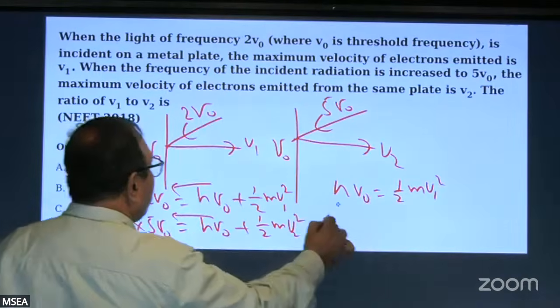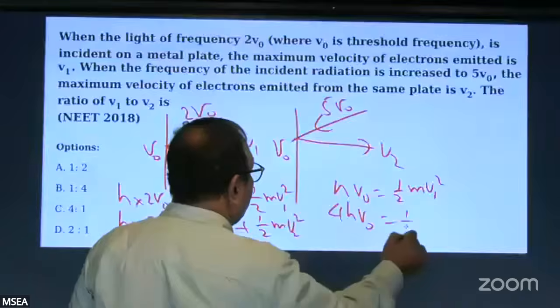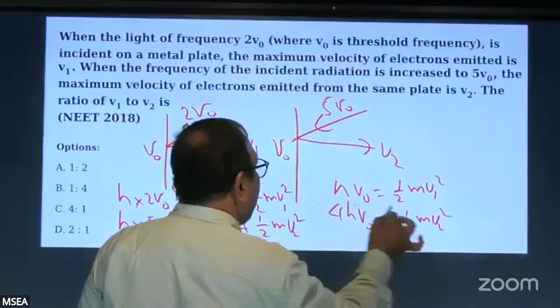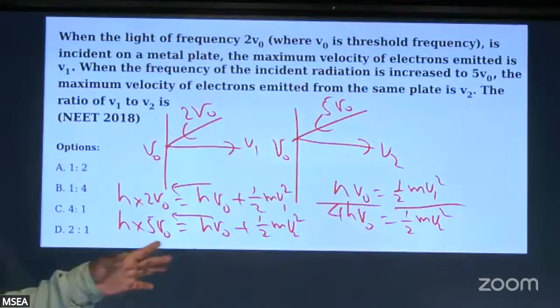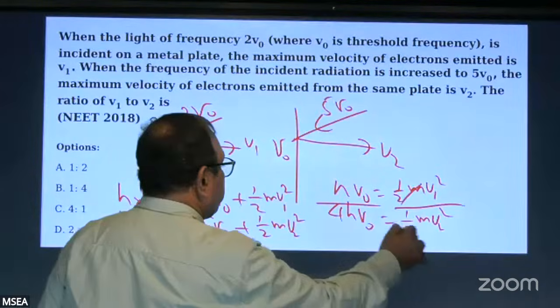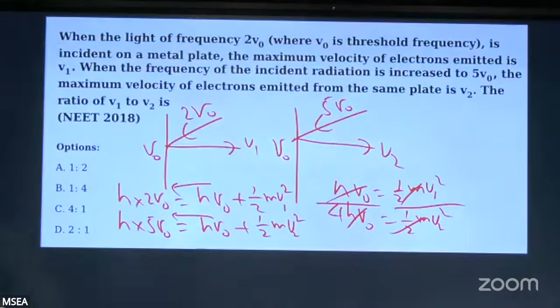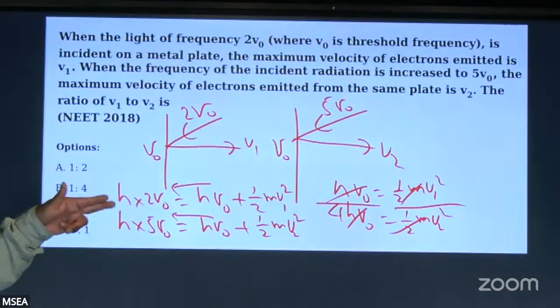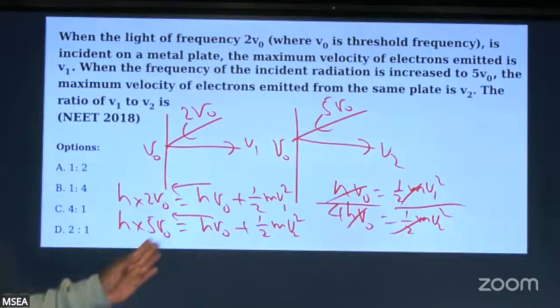And on the other side, 4H nu naught is equal to half m v2 square. Now take the ratio. Half m cancels, H nu naught cancels, and V1 by V2 is 1:2. That we have to remember. We move on to the next slide.